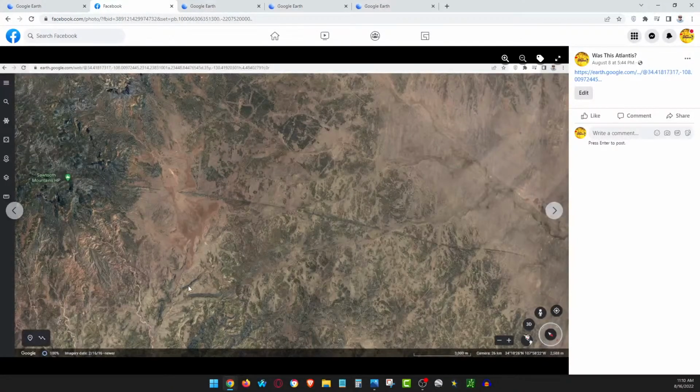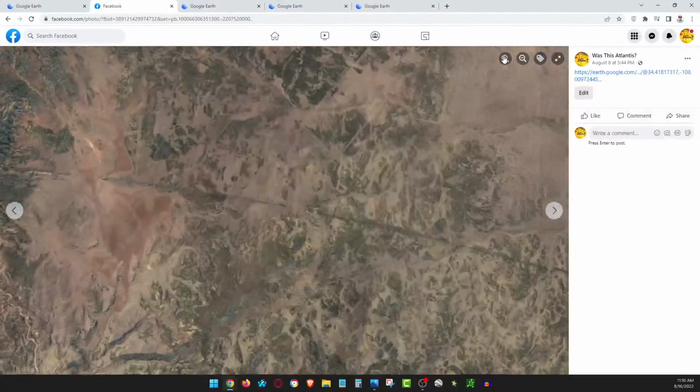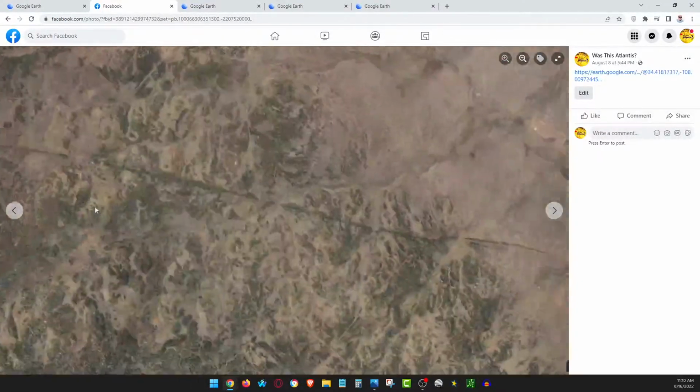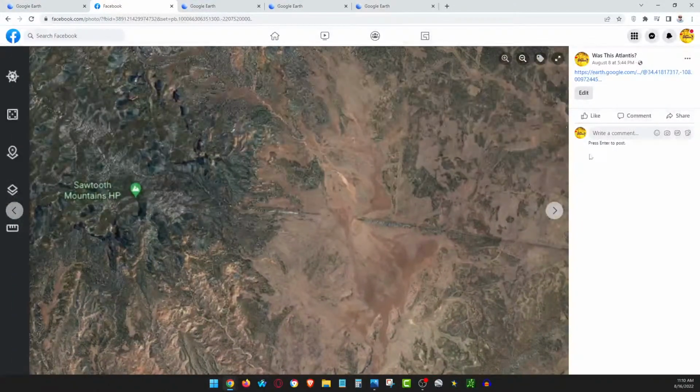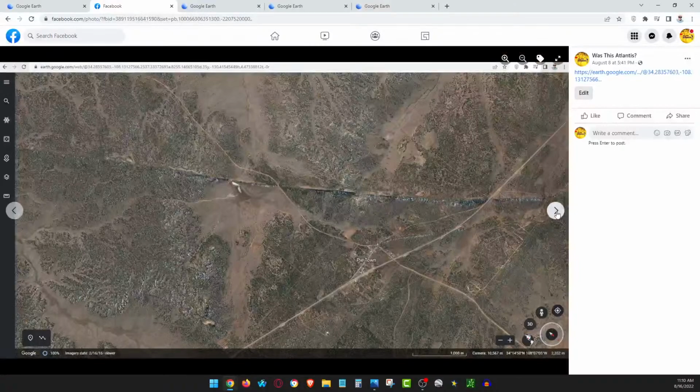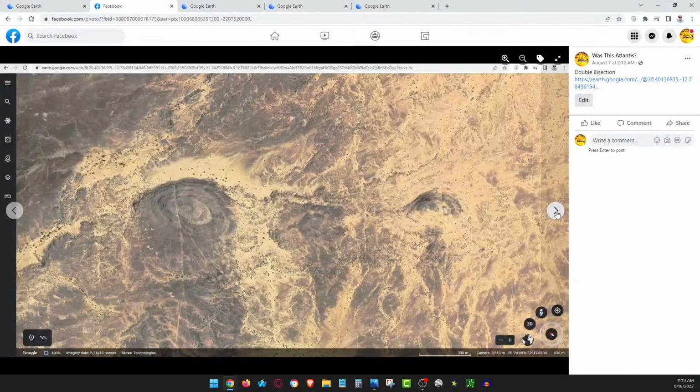Can I zoom in? This is one of those where I think I've seen it, I'm trying to show you here. No, this is not the one. It's the parallel one. I'll just keep going. There are so many lines.